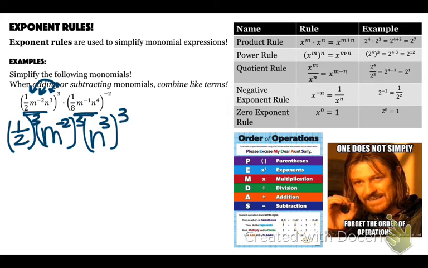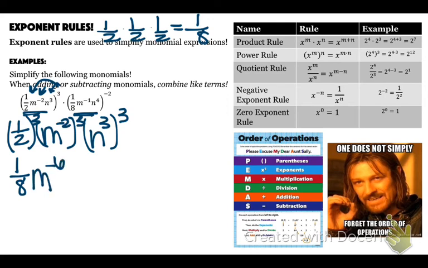So 1/2 cubed, that's 1/2 times 1/2 times 1/2. 2 times 2 is 4 times 2 is 8, so that's 1/8. M to the negative 2nd to the 3rd, negative 2 times 3 is negative 6, so this is going to be m to the negative 6. 3 times 3 is 9, so that's n to the 9th.